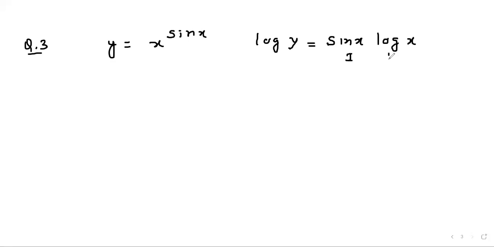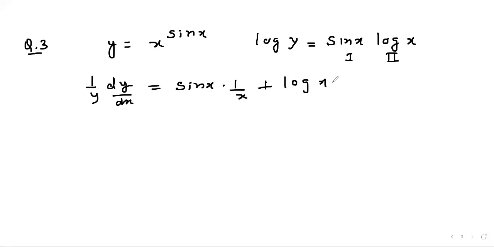Let's see the next question. Suppose we are given y equal to x power sine x. We take log, so log y equal to sine x log x. This is the first function, this is the second function. So we can apply the product rule. So 1 upon y dy by dx is equal to sine x into the differentiation of log x, that is 1 upon x, plus log x into the differentiation of sine x, which is cos x.